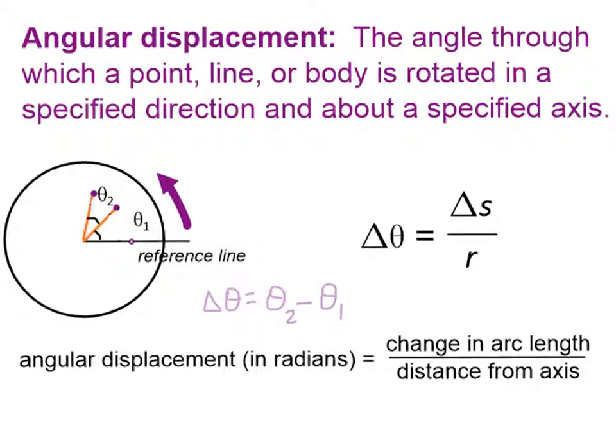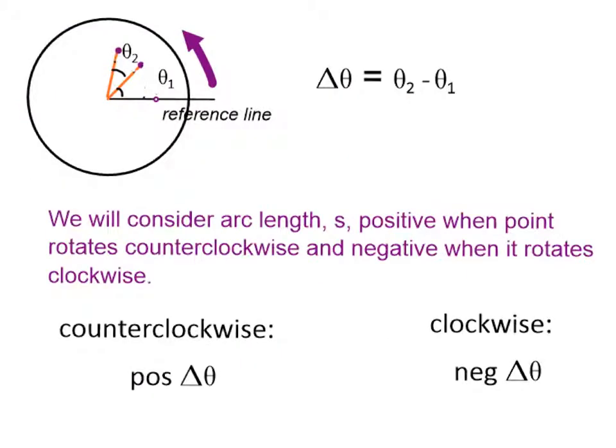For this class, we are going to consider that s is positive when our point rotates counterclockwise, and it will be considered negative when our point rotates clockwise. In other words, angular displacement will be positive when the object rotates counterclockwise, and it will be negative when the object rotates clockwise.